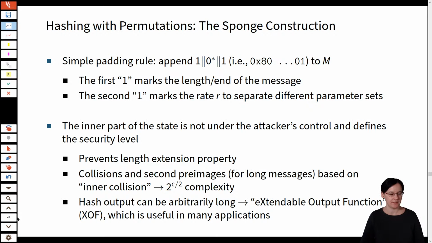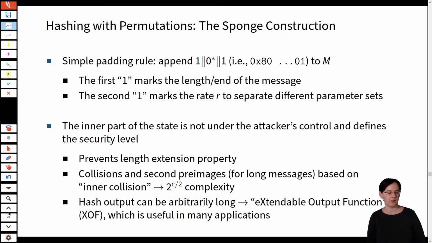And this inner part that I talked about is never under the attacker's control, so the attacker can neither manipulate it by XORing stuff, nor learn it in the squeezing part. And this prevents all the nasty properties that we saw with Merkle-Damgård earlier.